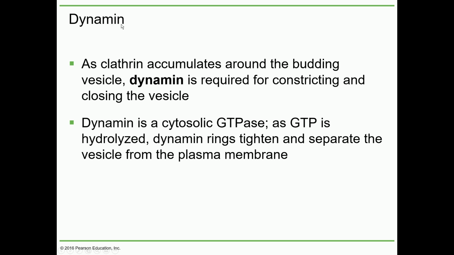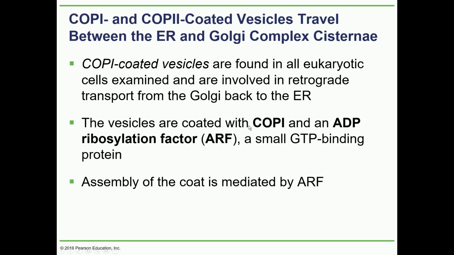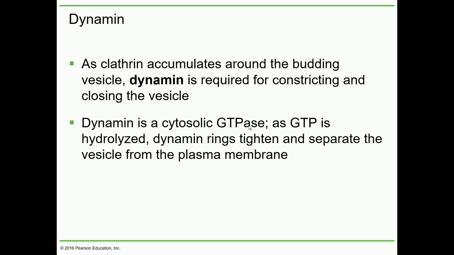And then there is the involvement of another protein, which we studied in the earlier part also, called dynamin. The function of dynamin is required for constricting and closing the vesicle. Dynamin is a cytosolic GTPase. GTPases are proteins that hydrolyze GTP into GDP, guanosine triphosphate to guanosine diphosphate.